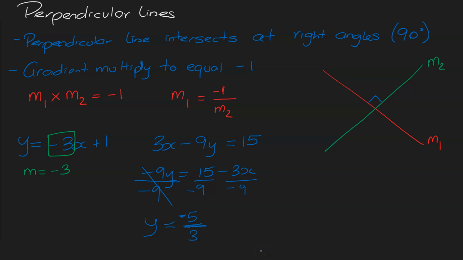Take 3 out as a common factor, so we get plus x over 3. And we find our gradient in this situation, because of the x term, is positive 1 over 3.